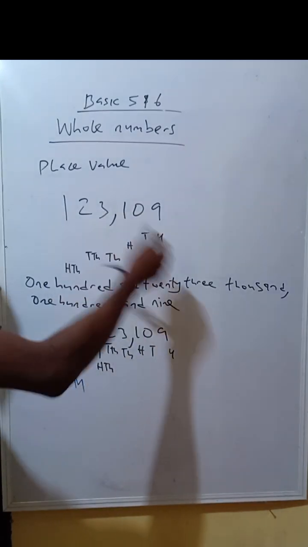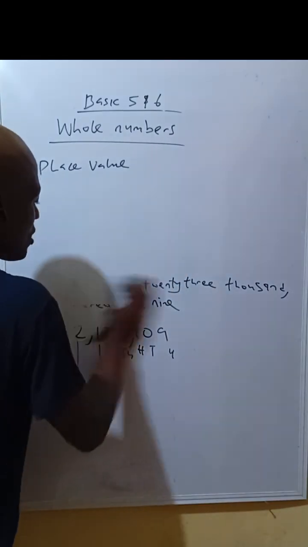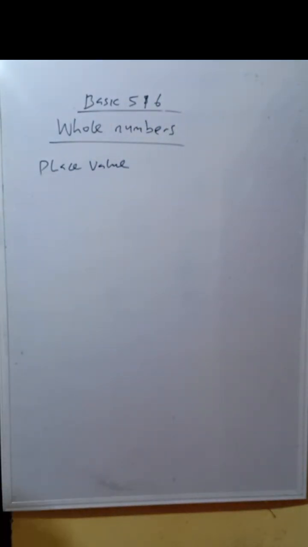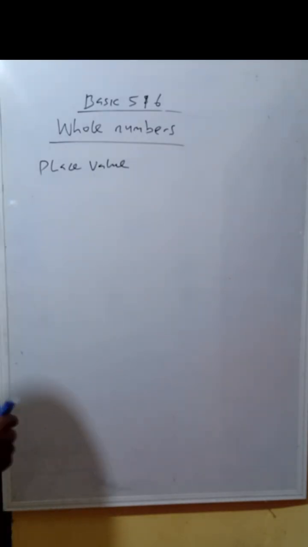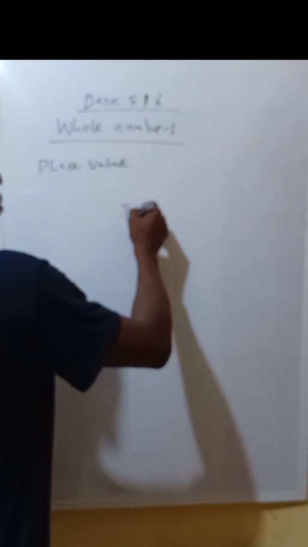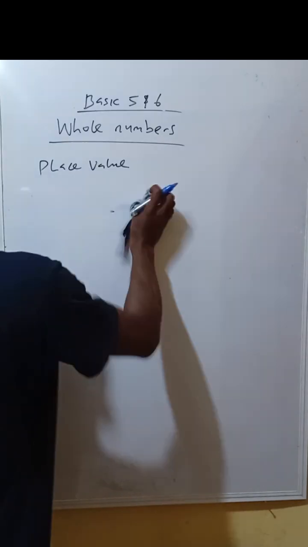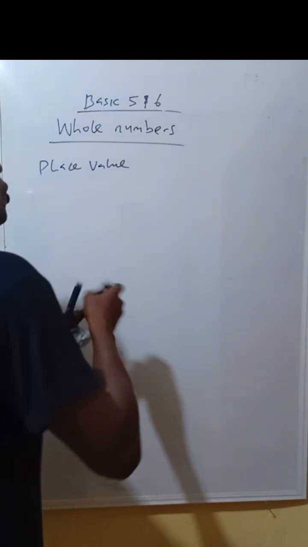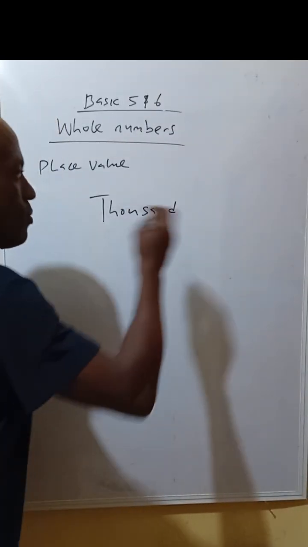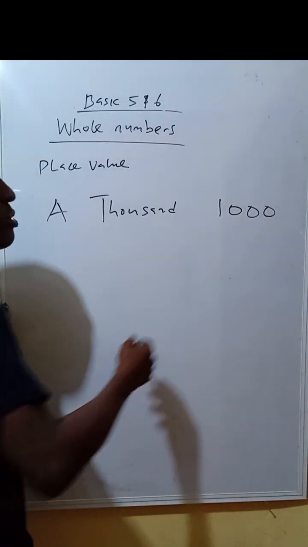Now let me look for an example that is more advanced than this. Before I go into that, you have 1,000.